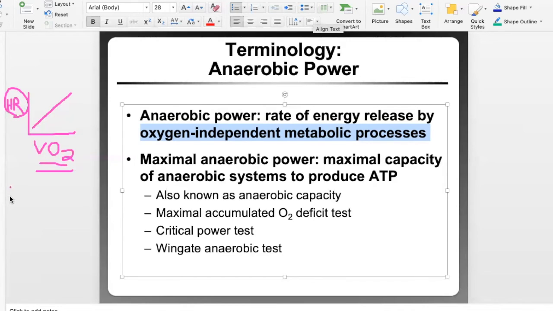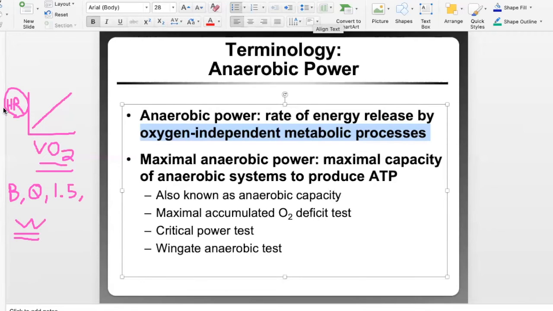So at the end of the Bruce treadmill protocol, or the end of the Queen's College Step Test, or the end of a 1.5-mile walk test, or the end of this Wingate anaerobic test, instead of having to directly capture oxygen, what you're going to do is use your heart rate response to these particular exercise assessments.